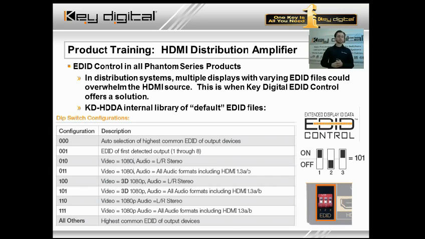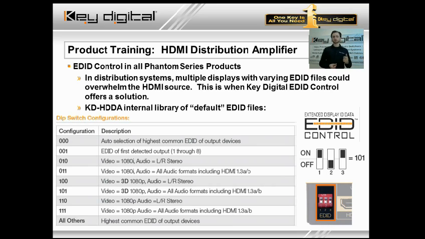Just like the HDMI switchers, we also have the generic library that every source knows and loves and is able to run with, where we have files that we've created here in our laboratory, where essentially we have Noah's Ark of AV equipment in the Key Digital Labs.